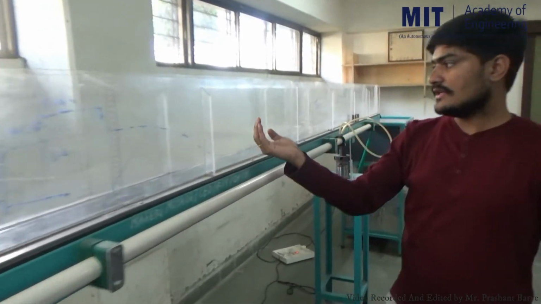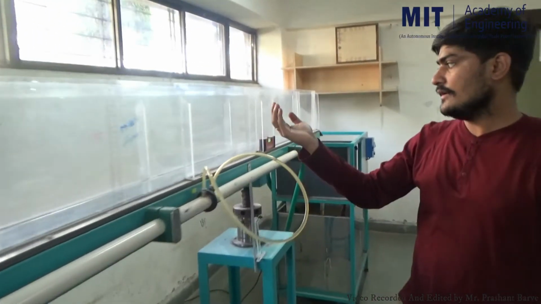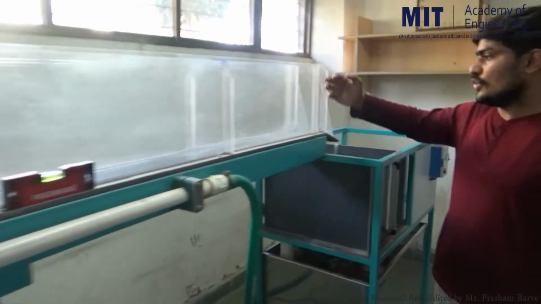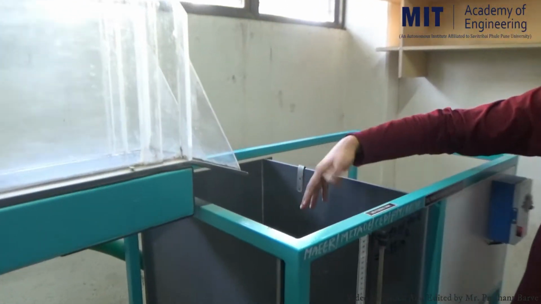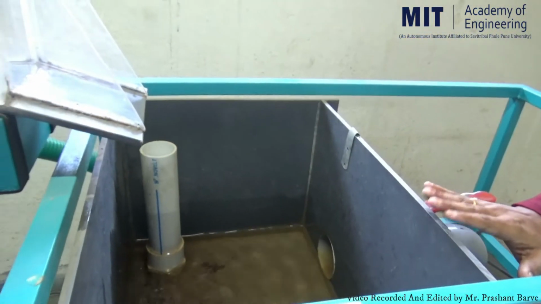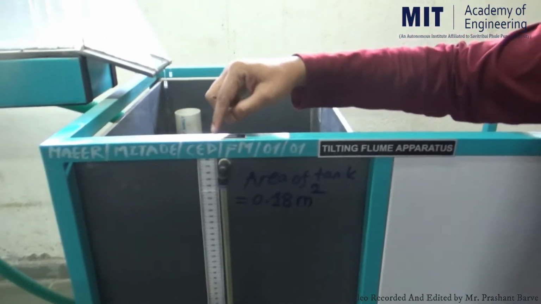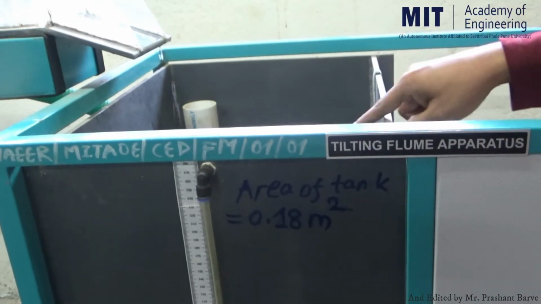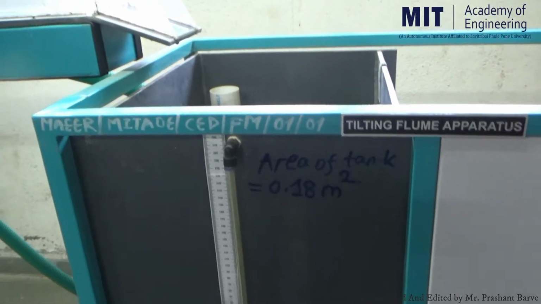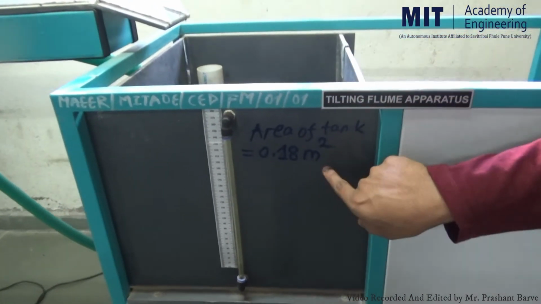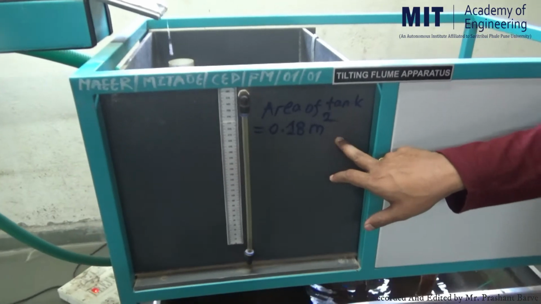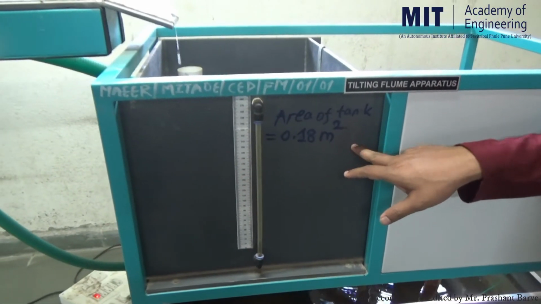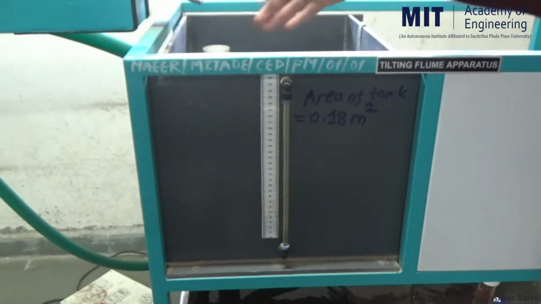This is the construction. After the water flows over the total length, it comes to the measuring tank. We are going to make use of this measuring tank to determine the actual discharge flowing through this channel section. The area of the tank is given, that is 0.18 square meter.